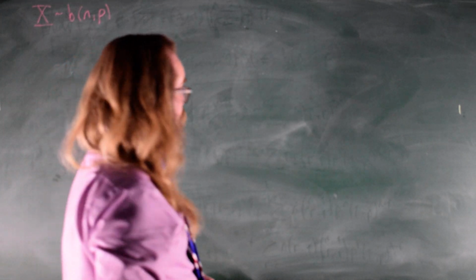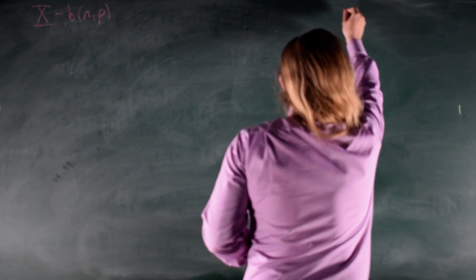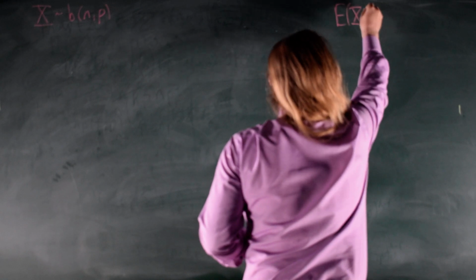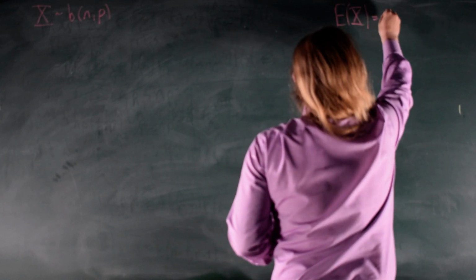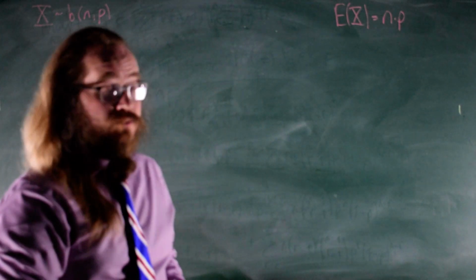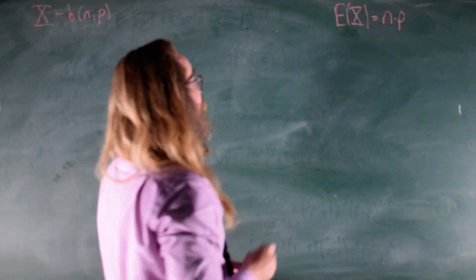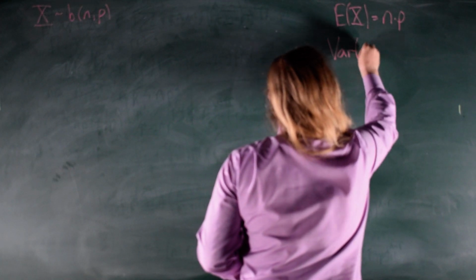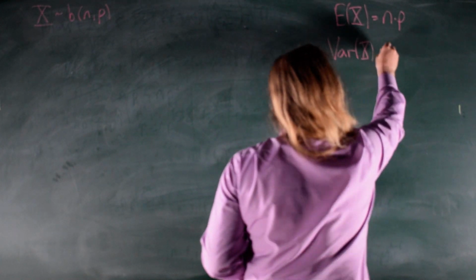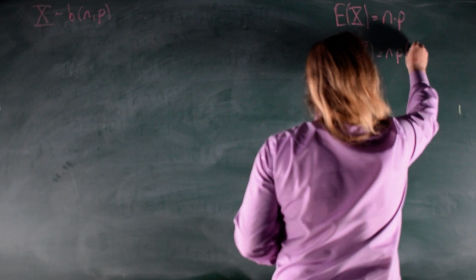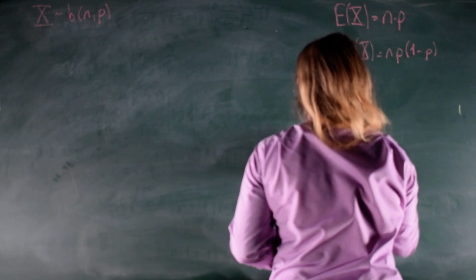Then we have the formula for the expected value, and I'll write it up here because I'm expecting this to be the place where I have the most space. We can calculate that as n times p. Alright? And the variance for this variable can be calculated as n times p times 1 minus p.